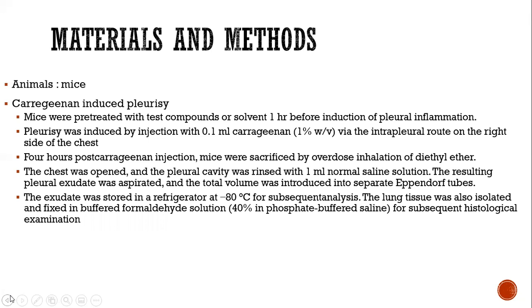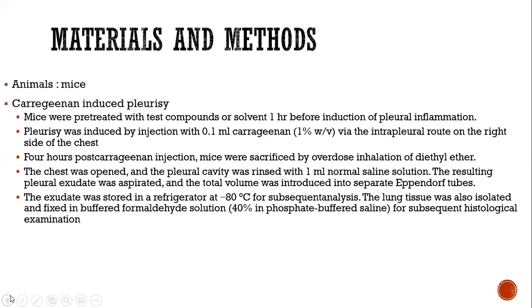It will be rinsed with 1 milliliter of normal saline solution, and the resulting exudate from the pleural cavity will be aspirated and the total volume transferred into Eppendorf tubes.